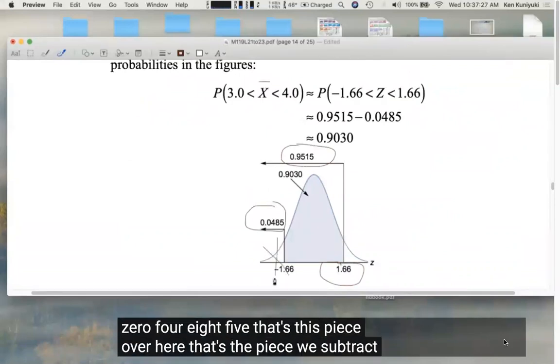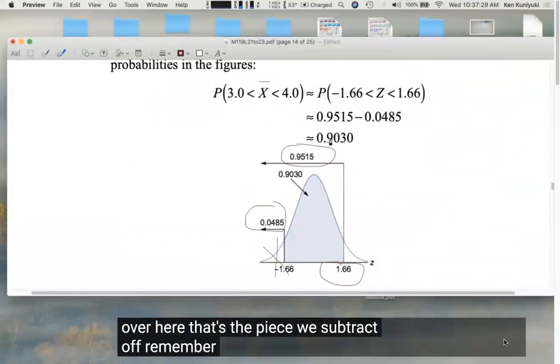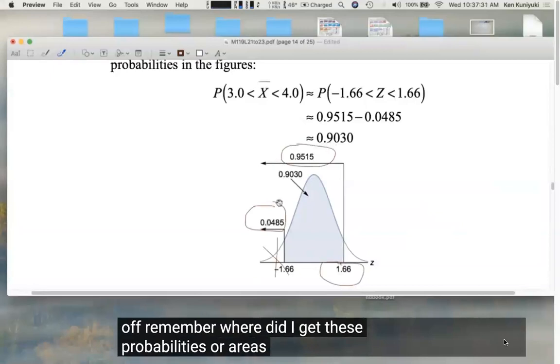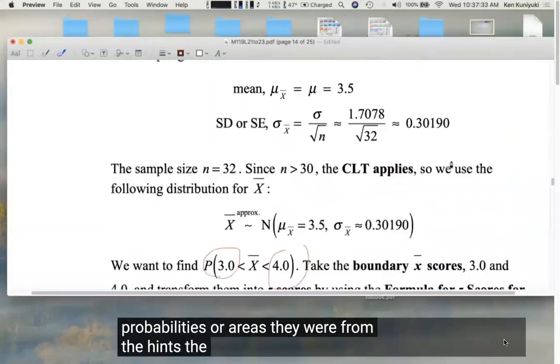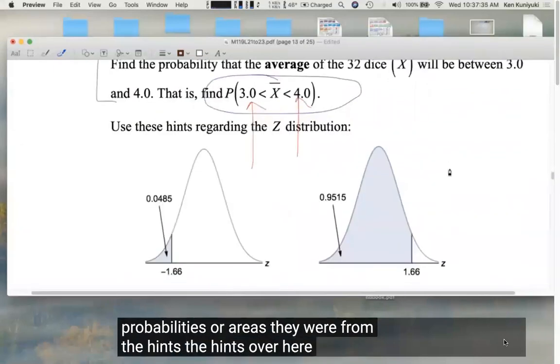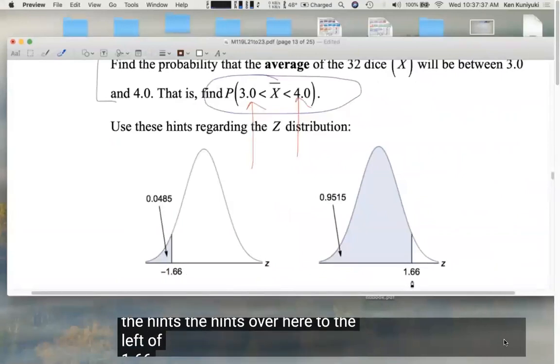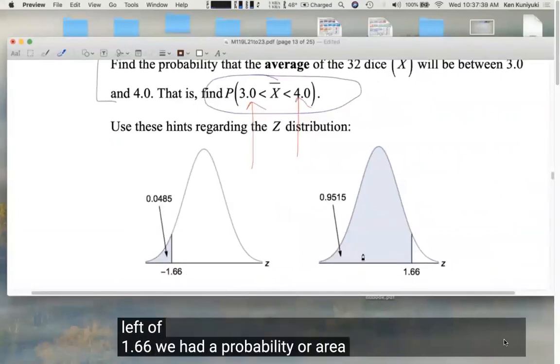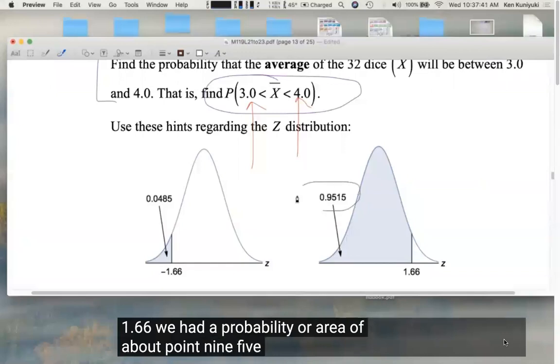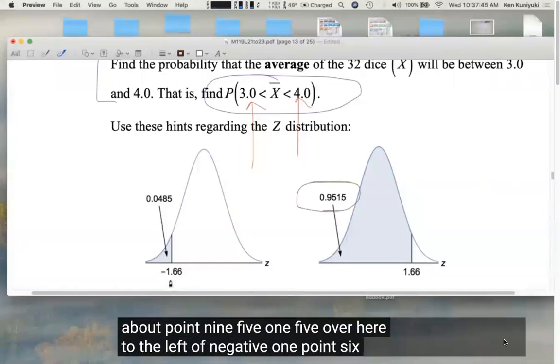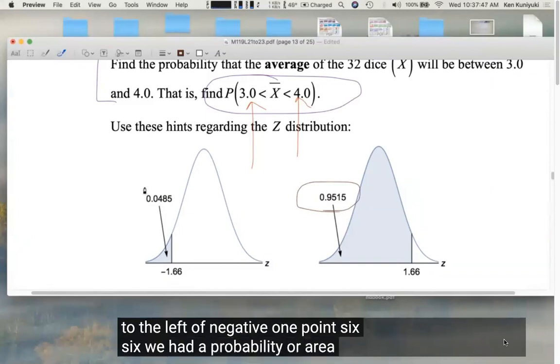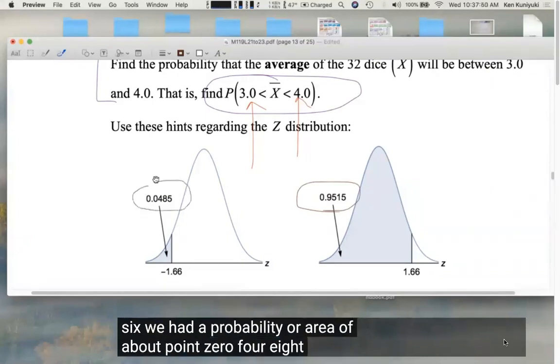That's the piece we subtract off. Remember, where did I get these probabilities or areas? They were from the hints over here. To the left of 1.66, we had a probability or area of about 0.9515. Over here, to the left of negative 1.66, we had a probability or area of about 0.0485.